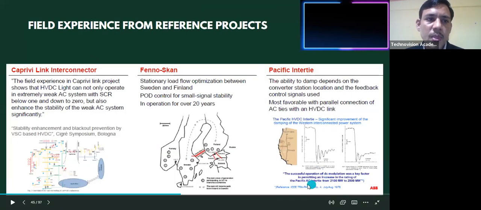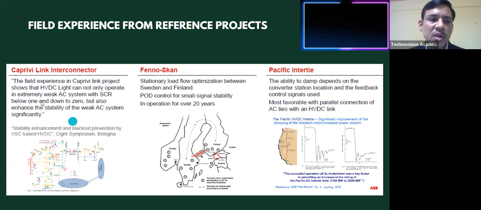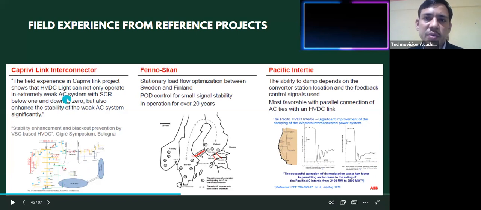So these are some of the field experiences of how HVDC systems, especially VSC HVDC, play an important role in different types of projects, and how it is saving the system and giving benefits. So this is the Capri Link project, where this VSC HVDC has operated in an extremely weak AC system. Suppose in any area there is a weak system, with no generation available.